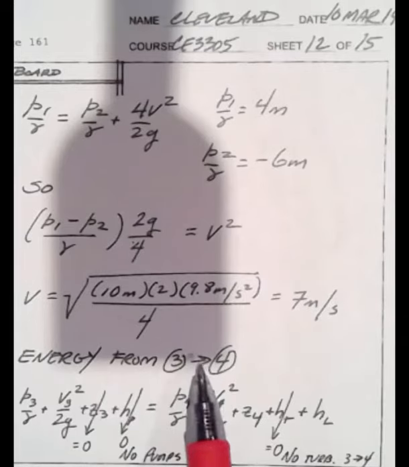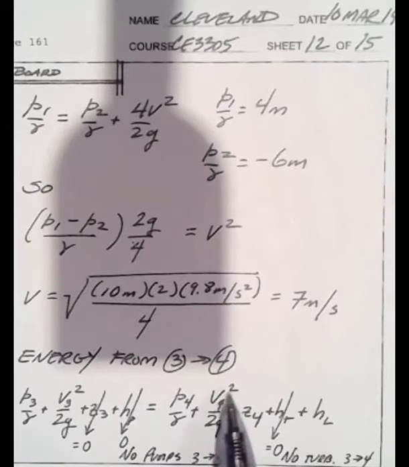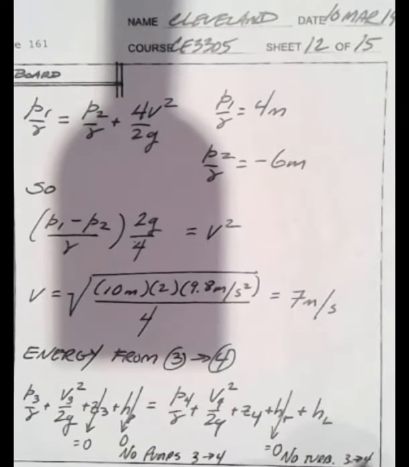Now we'll do energy from position 3 to 4: P3 over gamma plus V3 squared over 2g plus Z3 plus H sub P equals P4 over gamma plus V4 squared over 2g plus Z4 plus H sub T plus H sub L. This is pretty tricky here. There's no pump from 3 to 4, no turbine from 3 to 4.